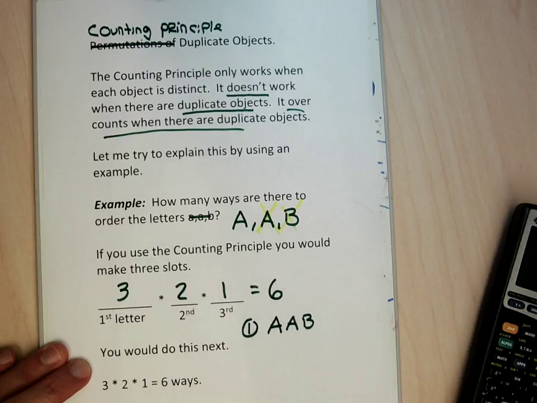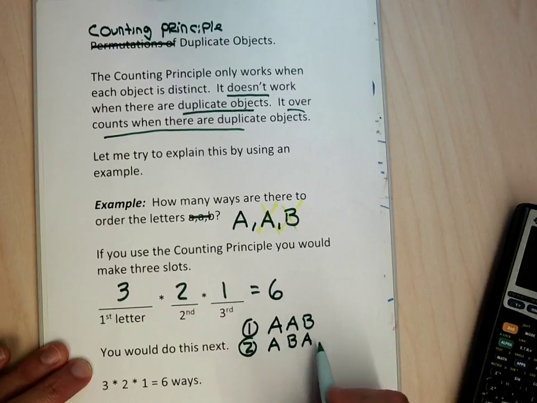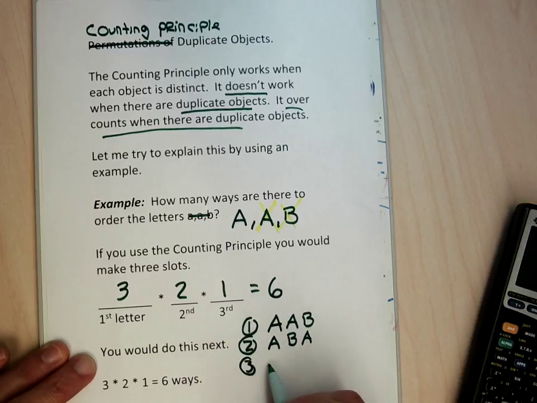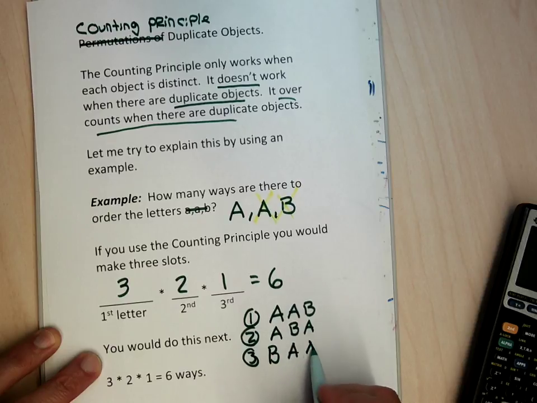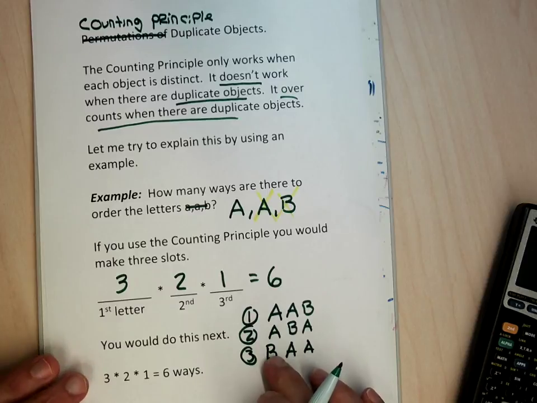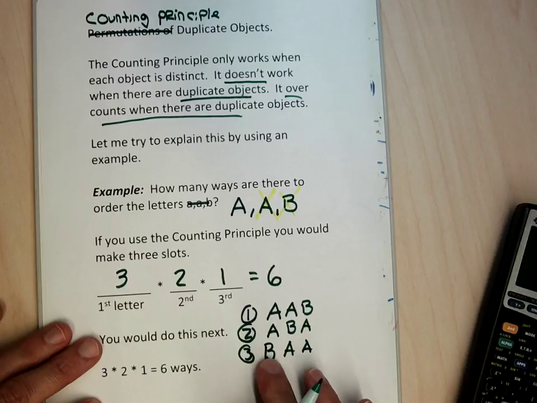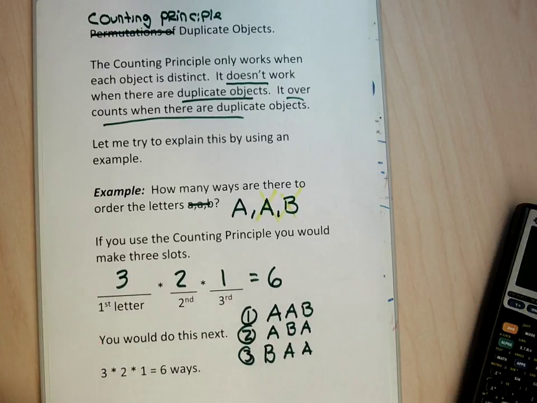That's one of the ways. For the second, I can say it's maybe A first, B second, and A third. So essentially B can be third, B can be second. Or it could be B first, A second, and A third. So the B can be third, second, or first. The B has to be either first, second, or third. It can't be anything but first, second, and third. And once the B is placed, there's only one choice for the A's. The A's only can go in the other remaining spots.